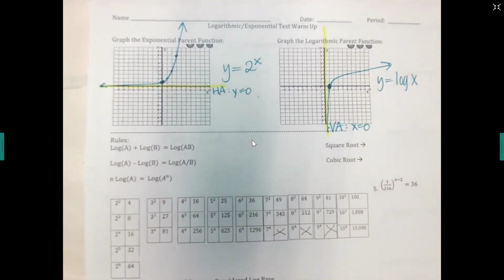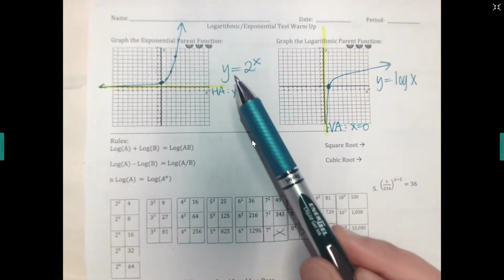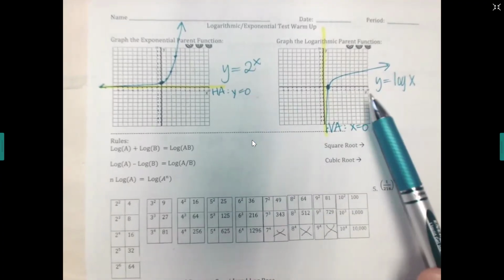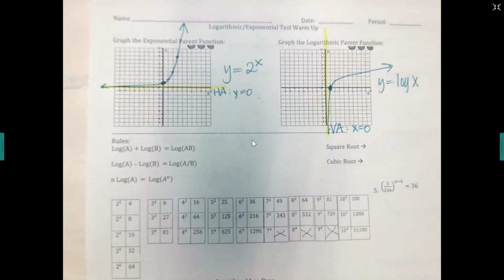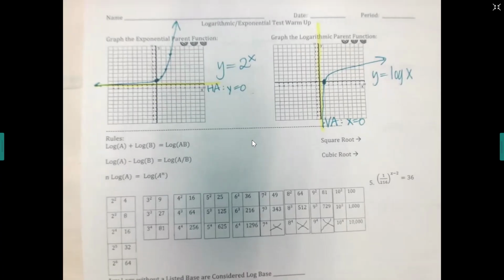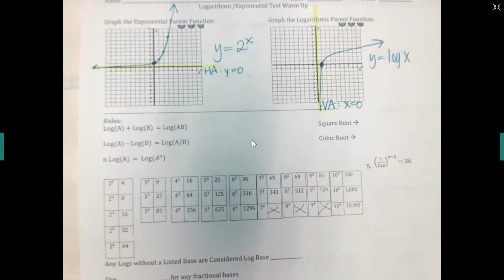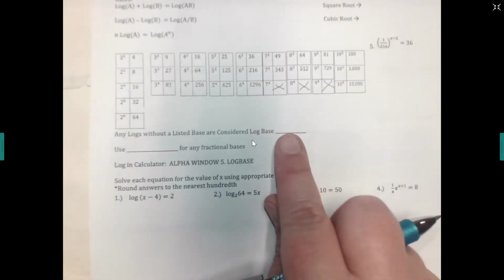Remember that exponentials, that's this one, and logs cancel each other out as long as they're the same base. All right, then let's run through a couple of questions, make sure you remember how to use your chart. If you have a log with no base listed, does anyone remember what the base is? 10. So plug it in right here.